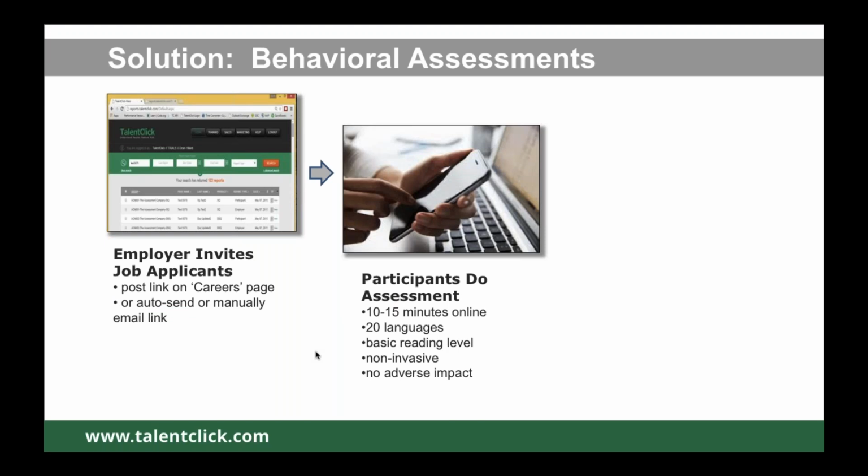As mentioned, everything's online. Our tools happen to be available in 20 different languages because of the customers we have around the world. It's important that these survey questionnaires have a very basic reading level. Ours is at the 4th grade level. They are non-invasive. There's no adverse impact, so we do comply with the EEOC guidelines in the US for hiring.